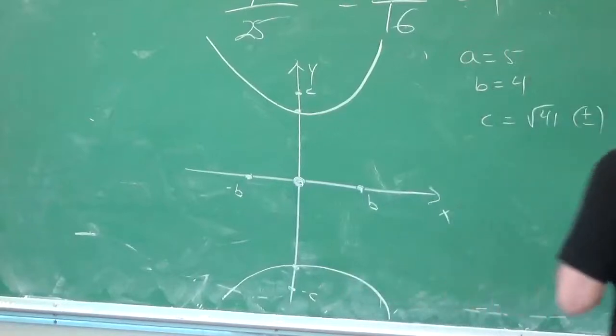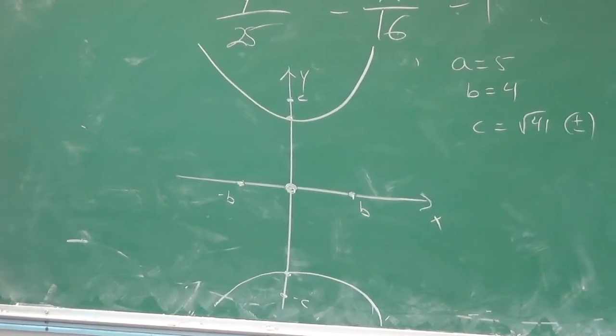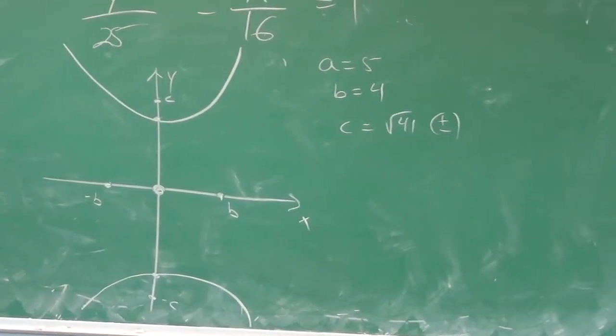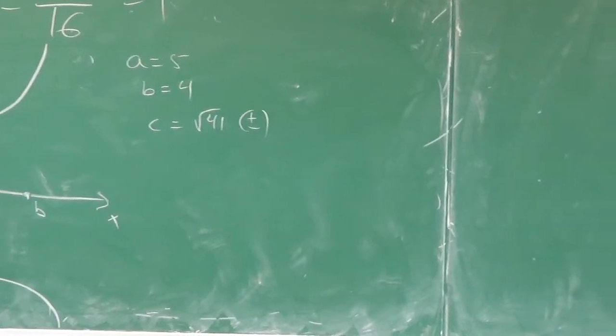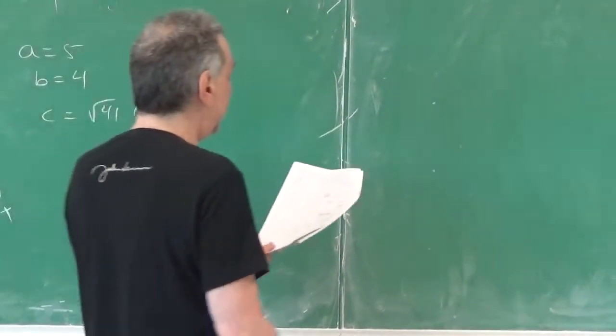Okay, let's look at this, kind of the same things we looked at for ellipses. We want to know about ones that are not centered at the origin. Or let's first look at finding an equation.